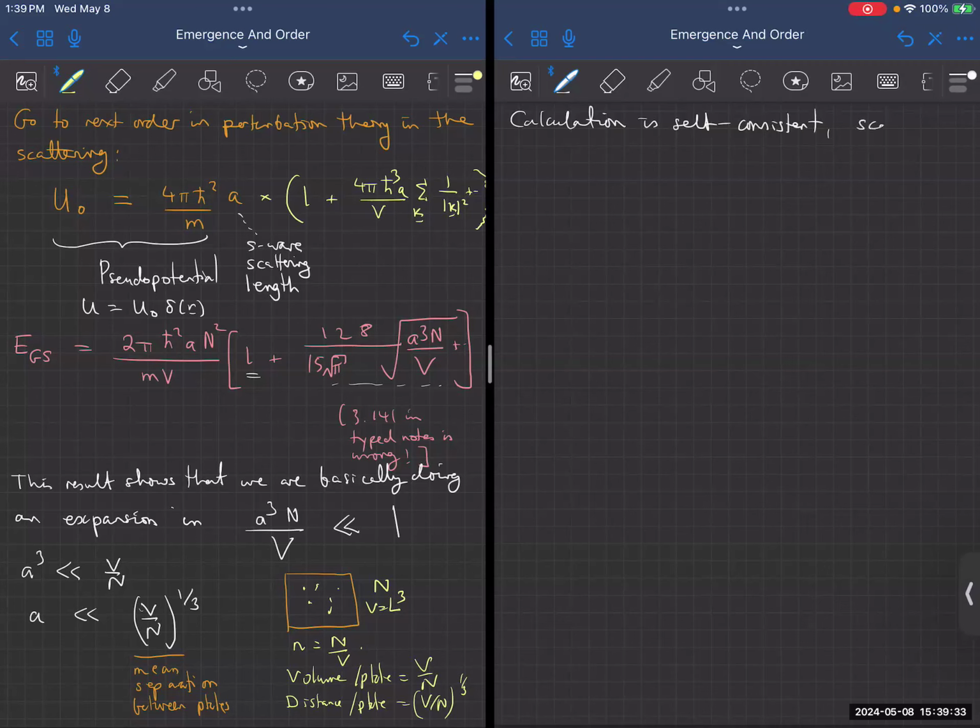In other words, the scattering length is much smaller than the interparticle spacing, i.e. the forces are very short range. So that is the result of the calculation.